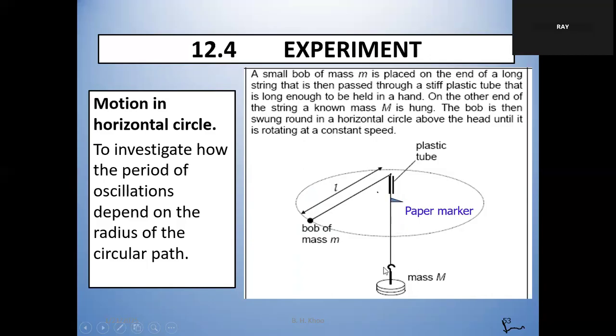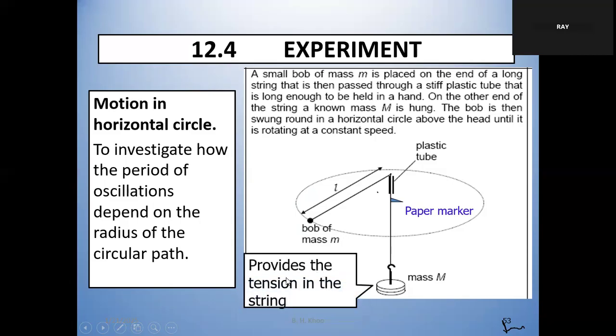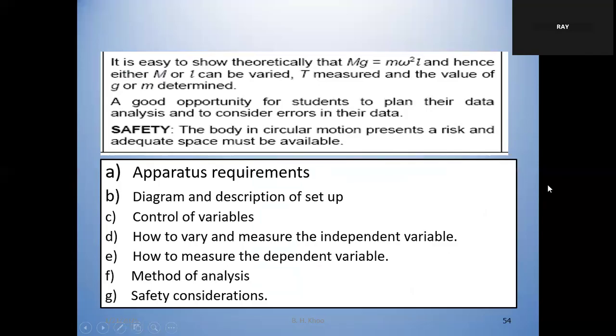There's the mass M that provides the tension in the string. These are what is required in paper 5.